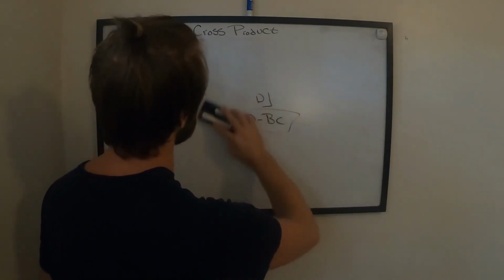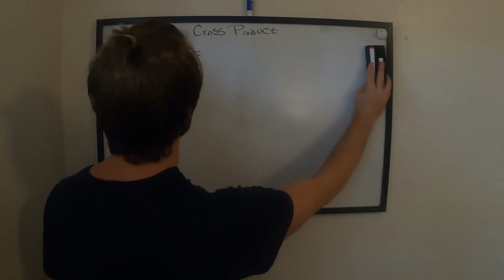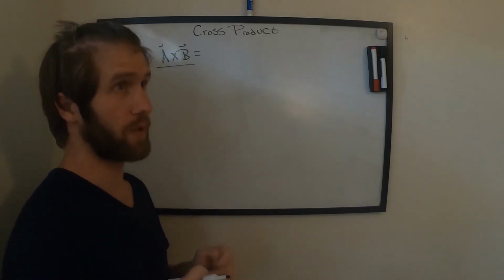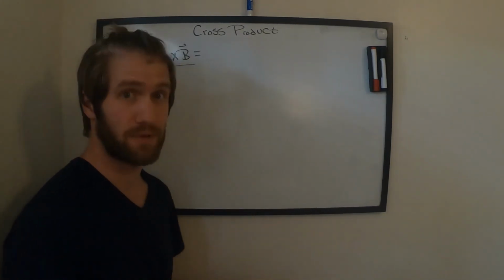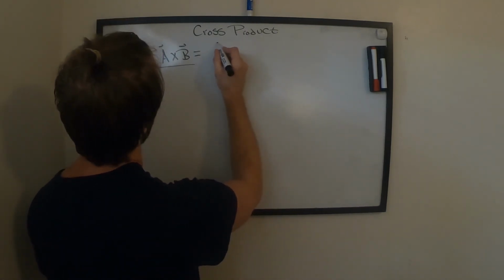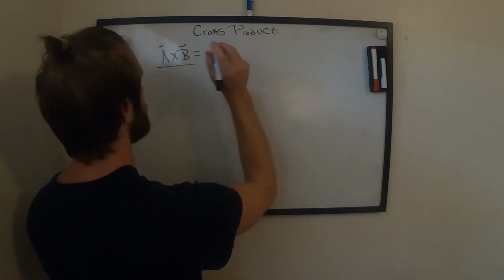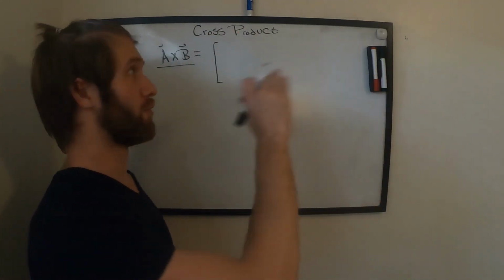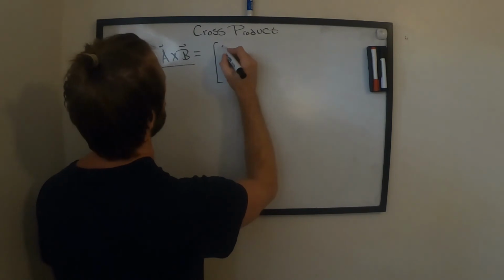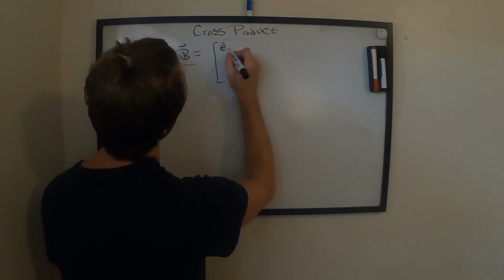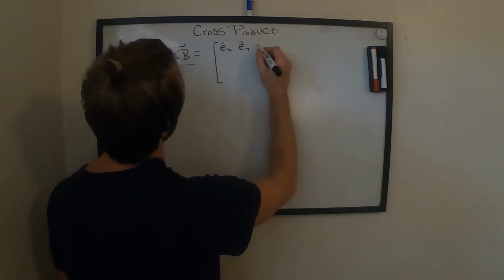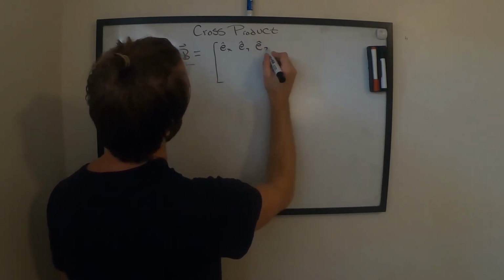So like we did before, we are going to break down our vector components. But this time around, we're going to place them in a matrix. To begin, you want to write out your row of unit vectors first when you're forming this matrix: e hat sub x, e hat sub y, e hat sub z.